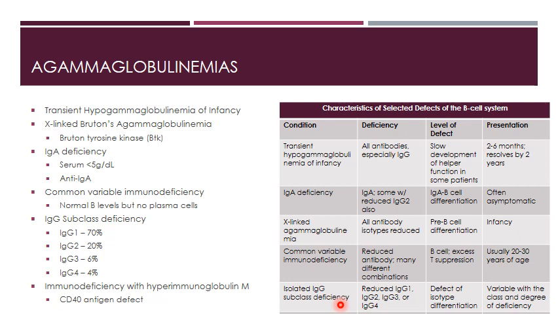A baby who is 10 or 12 months old shouldn't have these very low levels of immunoglobulin. So it's these babies who are experiencing more infections, and they're usually pyogenic infections, meaning fever producing. So, a baby who's got a snotty nose.